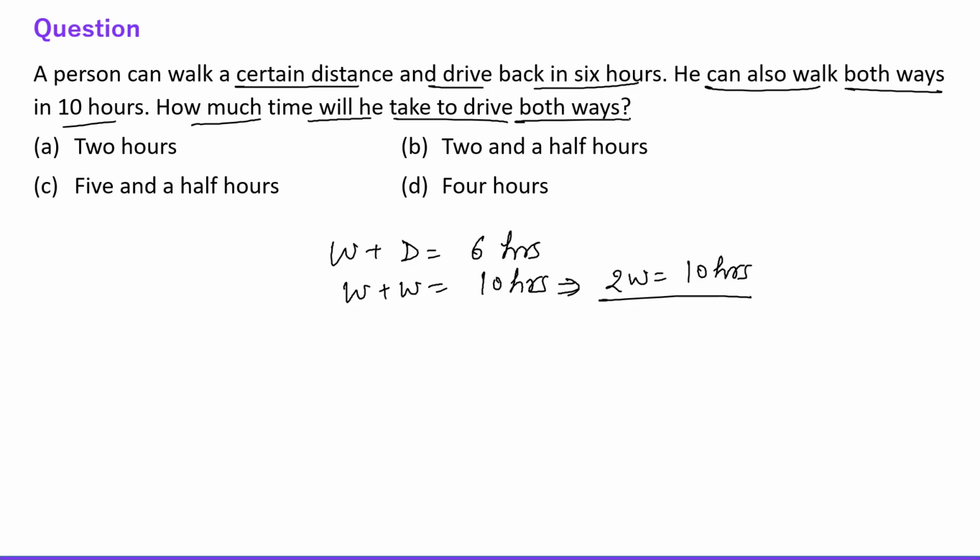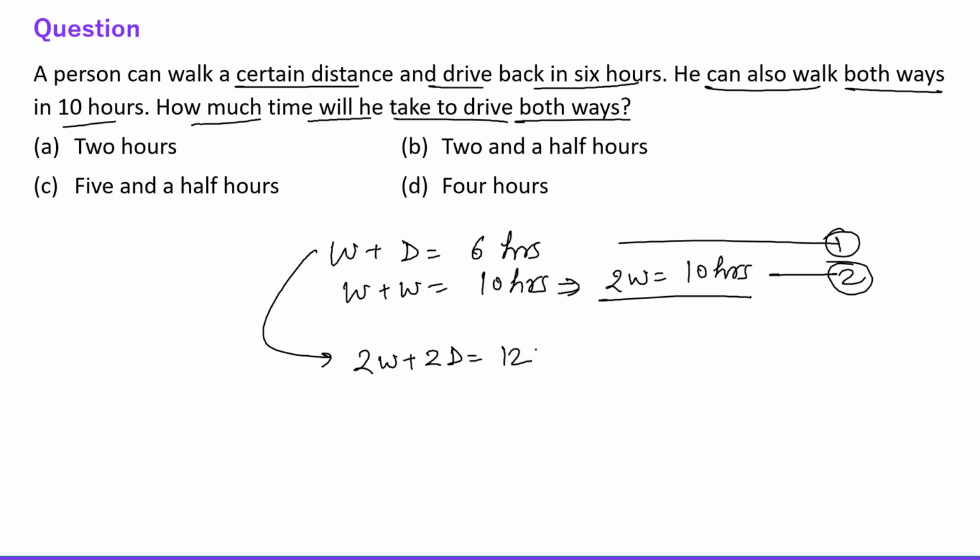Okay, see everyone, this is equation number 1 and this is equation number 2, right? Just try to double the equation number 1. 2W plus 2D is equal to 12. We are doubling the equation number 1, right? And now we are putting the value of 2W over here. So 10 plus 2D is equal to 12.